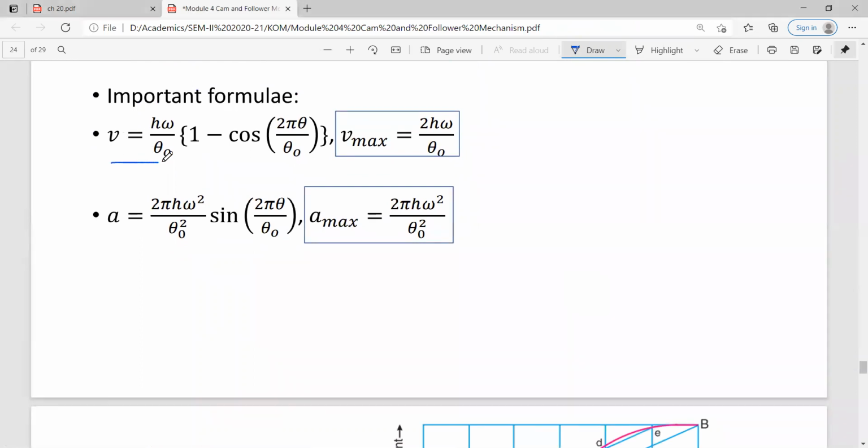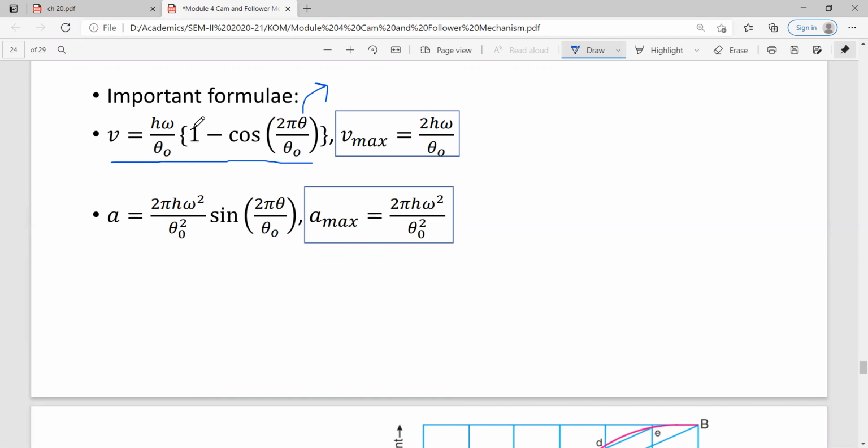If you want to calculate the velocity of the follower at any cam angle theta, you can do so using this formula. Velocity will be maximum at what position? When this bracket factor is maximum, the velocity will be maximum.